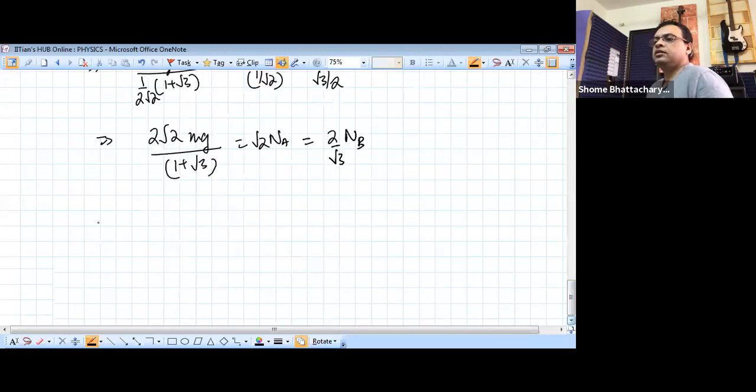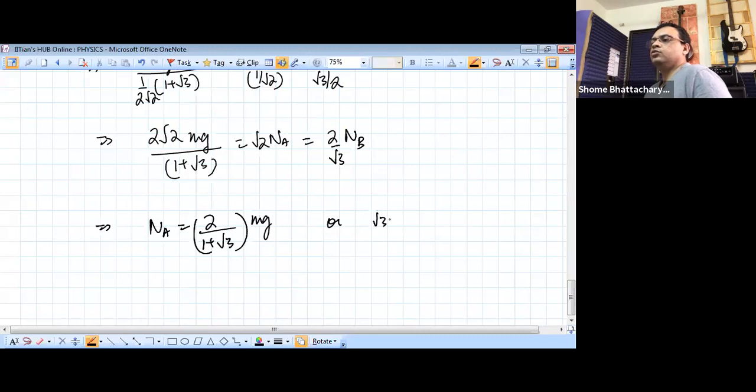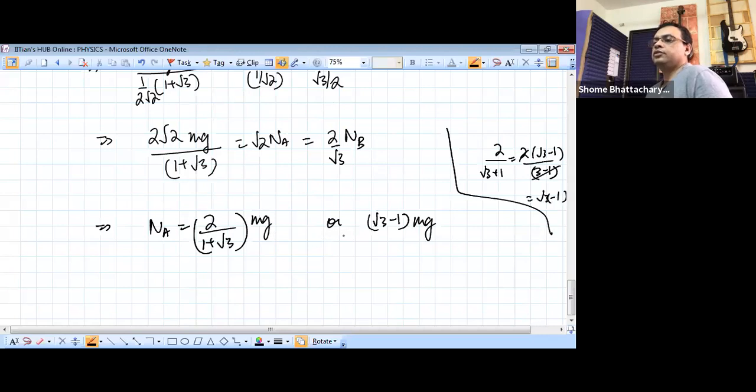So from this you can see that Na will become 2 by 1 plus root 3 times Nb. Or if you want to rationalize the denominator, you can write it as root 3 minus 1 times Nb, because 2 upon root 3 plus 1 will become root 3 minus 1. So that's your first thing.